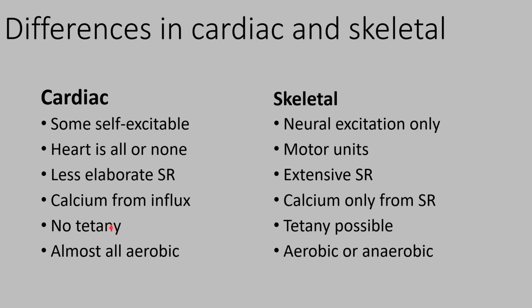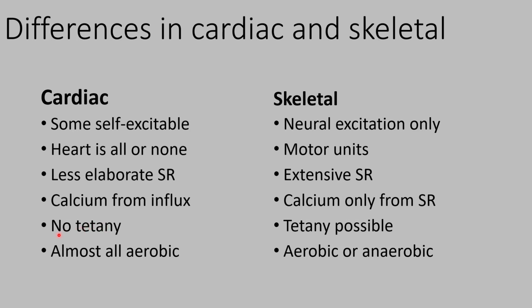If you send an action potential through a cardiac muscle cell, it must go through a full contraction and relaxation before it will respond to another action potential. That prevents tetany, and that's a good thing. If we didn't have this, if your heart started beating very, very quickly, it would contract and hold itself in a contracted state. That is not something that we want.